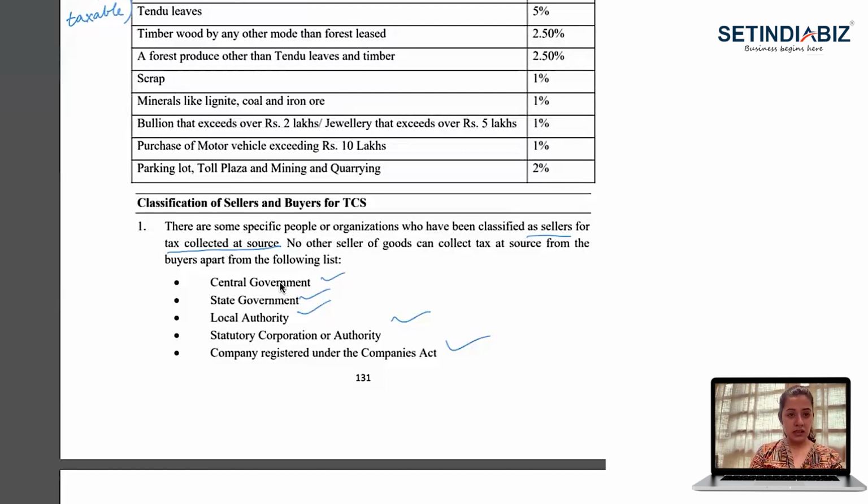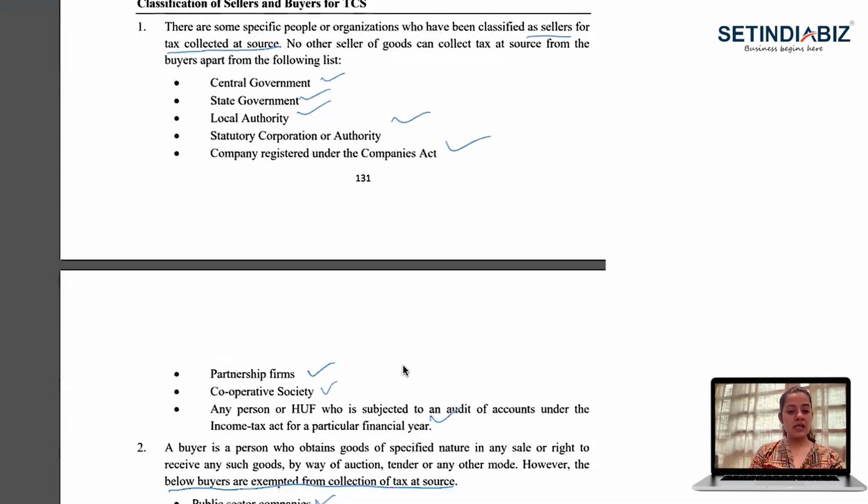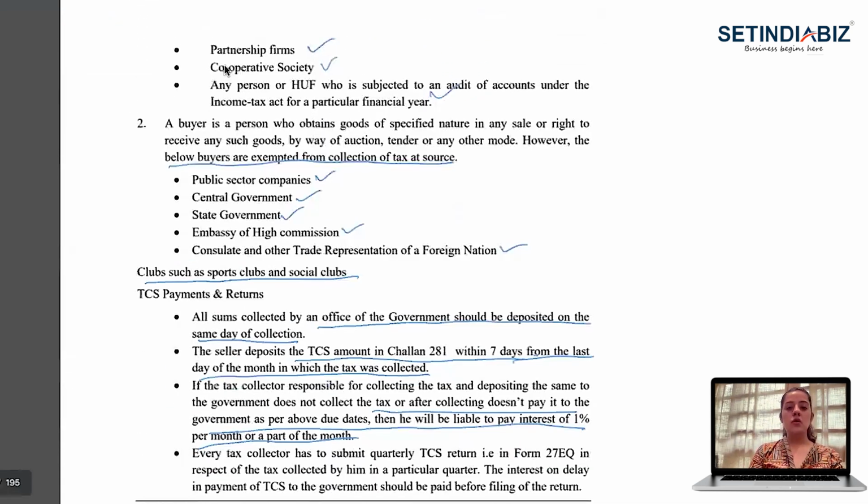Central government, state government, local authority, statutory corporation or authority, company registered under the Companies Act, partnership firms, cooperative society, any person or HUF who is subjected to an audit of accounts under the Income Tax Act for a particular financial year, right?